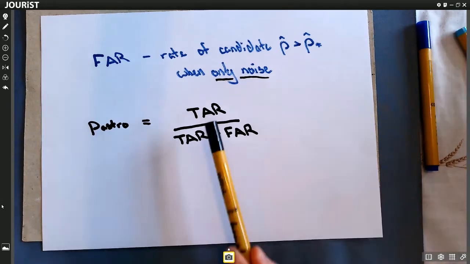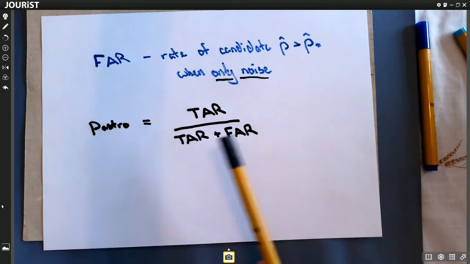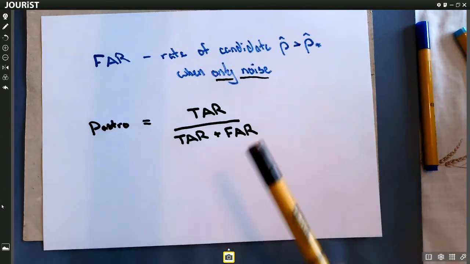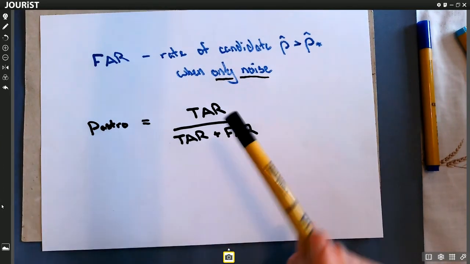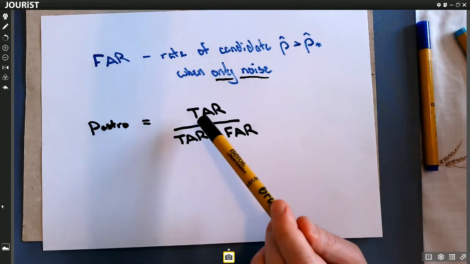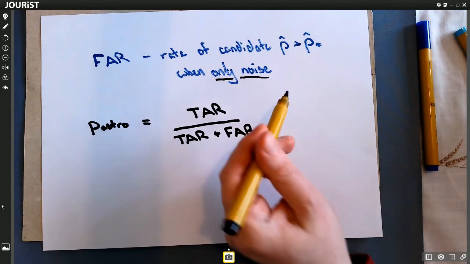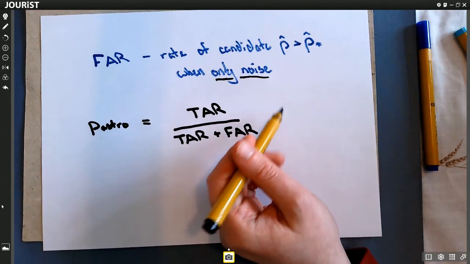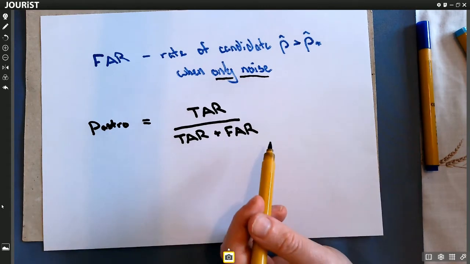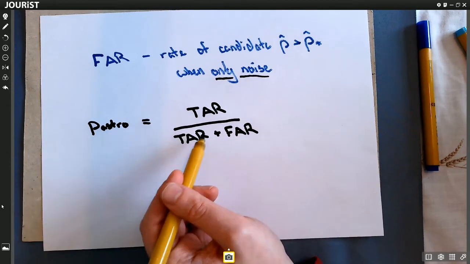So P-astro is really the best way of encoding all our knowledge, not just of the noise distribution, but also of the signal distribution, in order to establish candidates. So P-astro is the thing which is really best for selecting candidates. The problem is we don't know what the true alarm rate is.